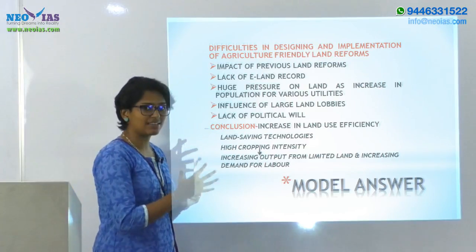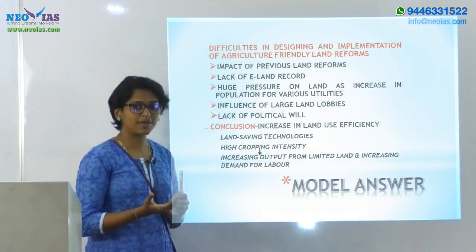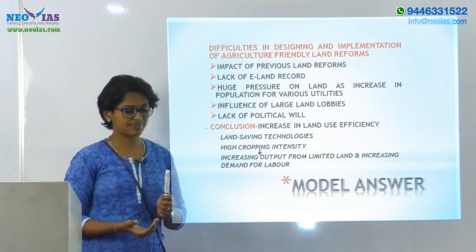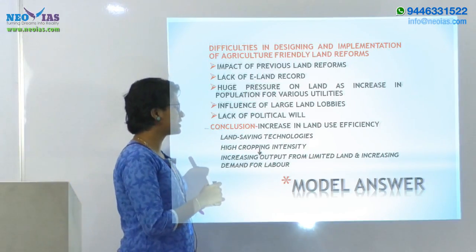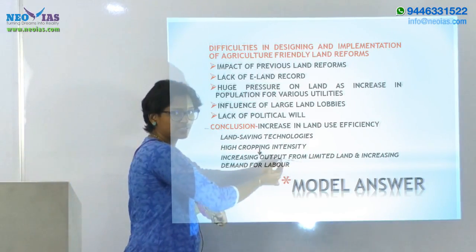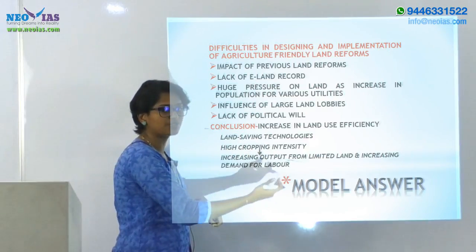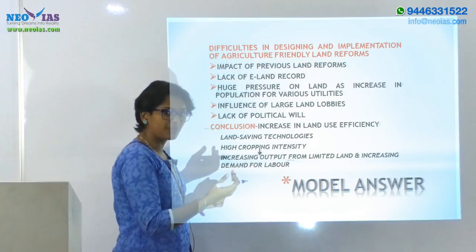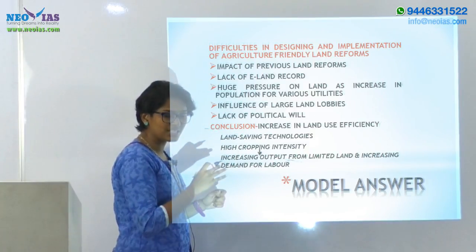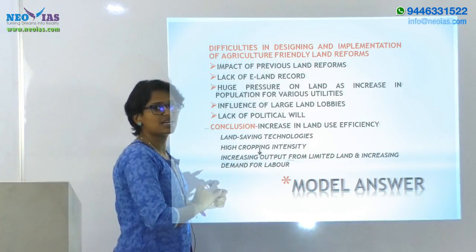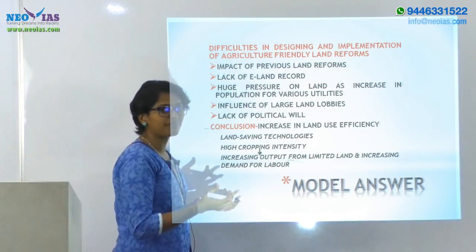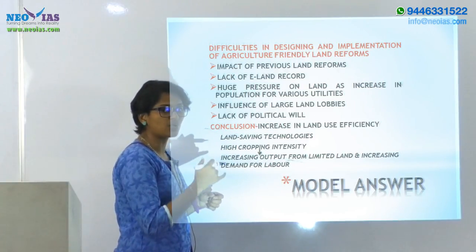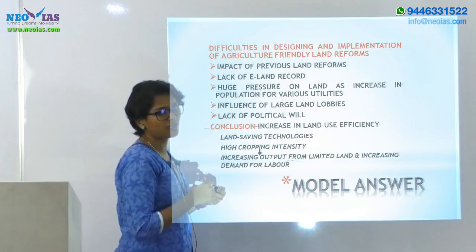For a land scarce but labor abundant country like ours, this will bring in better agriculture productivity or increased output from the agriculture sector, and also will increase employment opportunities, thus reducing unemployment in our country, leading to overall development of our nation, contributing to the social as well as economic growth of our country.